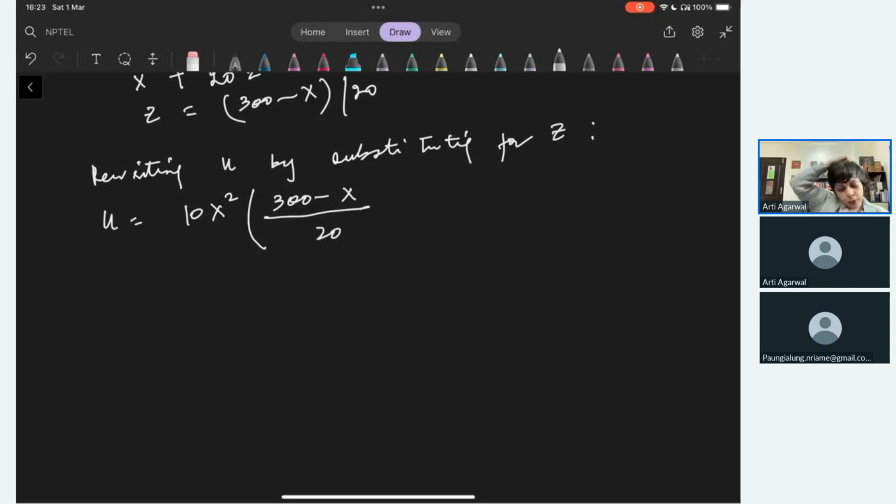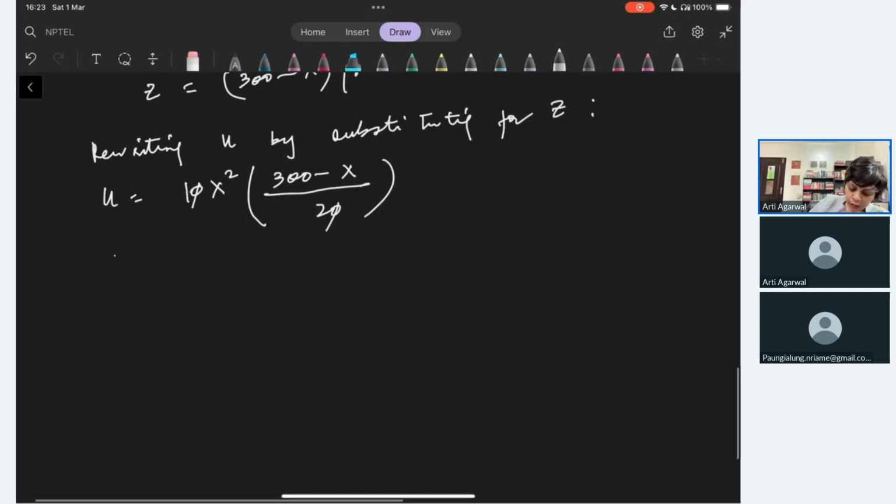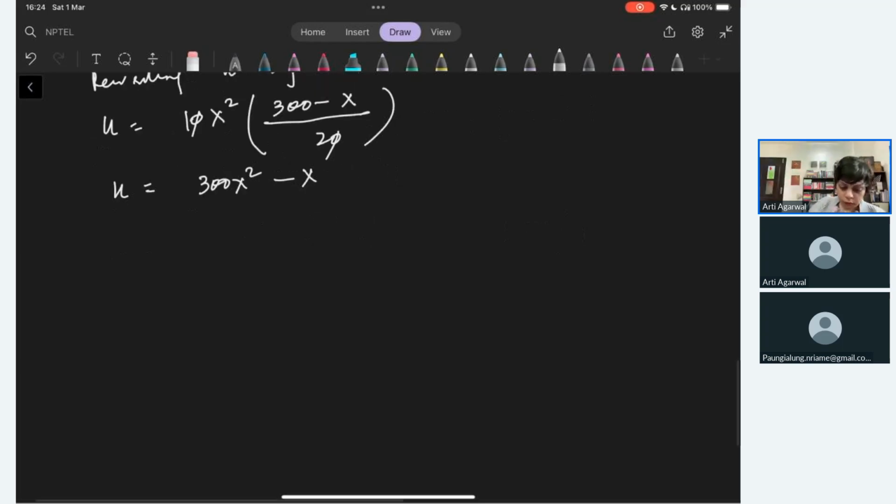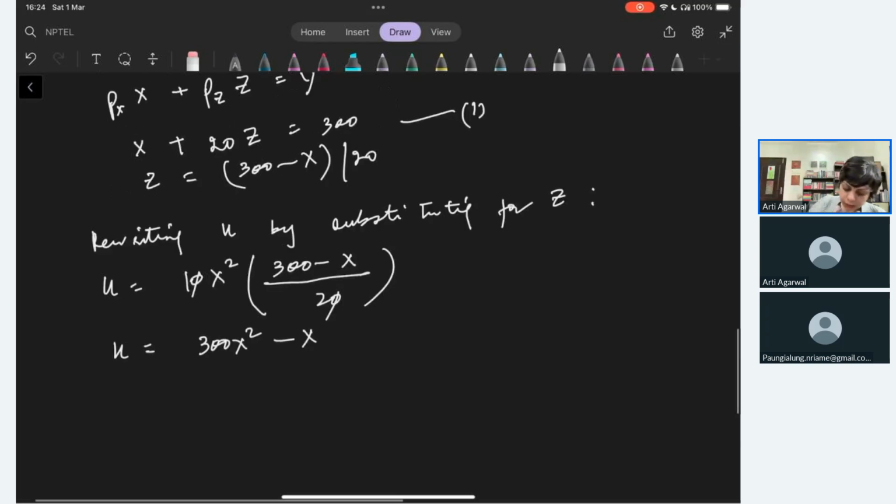This you can cancel, and you can just rewrite this equation. This is not needed. So for maximization of, oh, this is x cube, sorry.